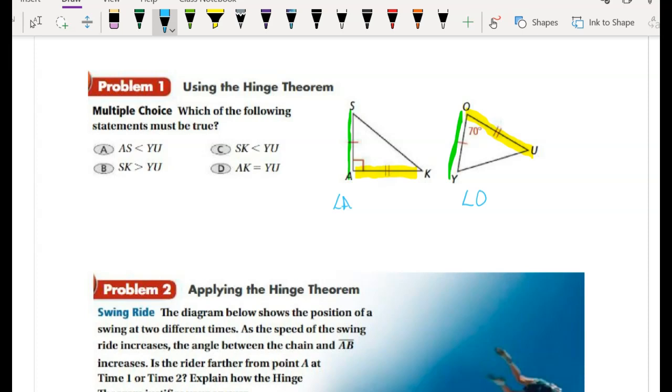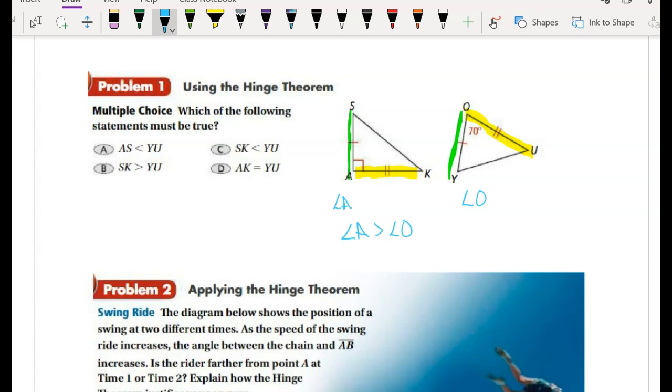Are these two angles congruent? They are not. Which angle is larger? Angle A is greater than angle O, because 90 degrees is larger than 70.